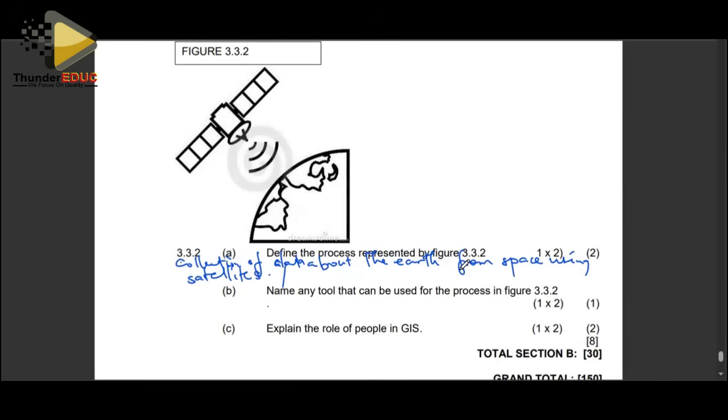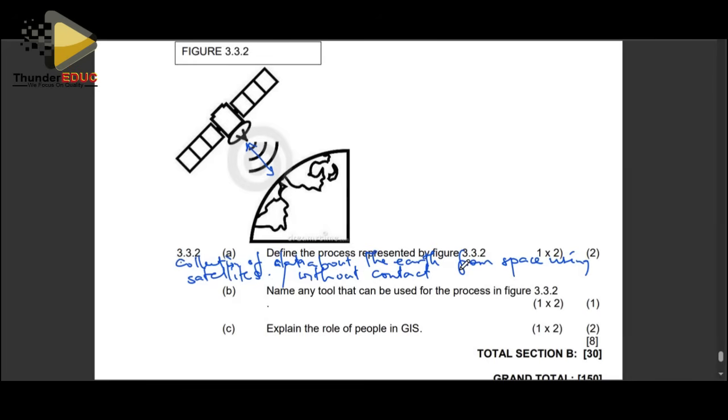Or we can say collection of information without contact with the actual space. So we are seeing that there is some form of collection of information, but there is a gap between the Earth's surface and the tool collecting the information. That is what you call remote sensing.